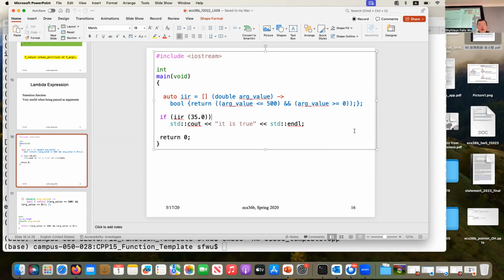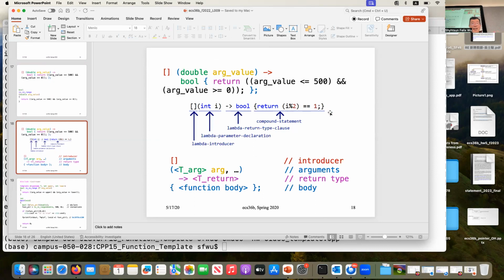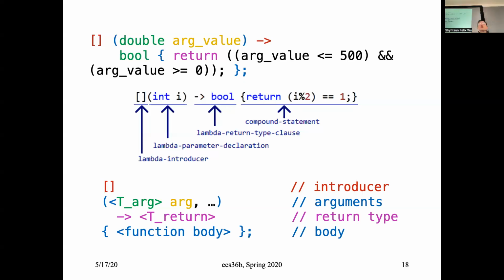Okay, so let me show you the syntax of this. That's what I want you to look at earlier. Now I'm going to parse it. That's the line I highlighted earlier.